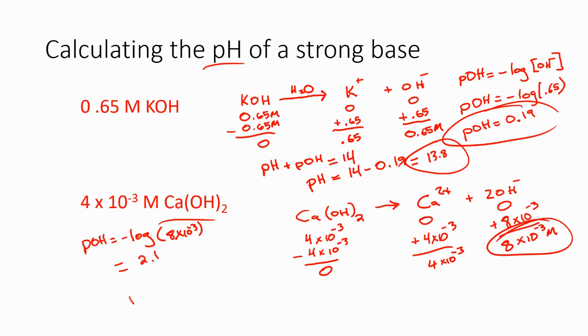So if I want to calculate my pH, it's equal to 14 minus 2.1, or 11.9. And that's the pH of that strong base solution. Okay, let's come back together and we'll talk for a bit.